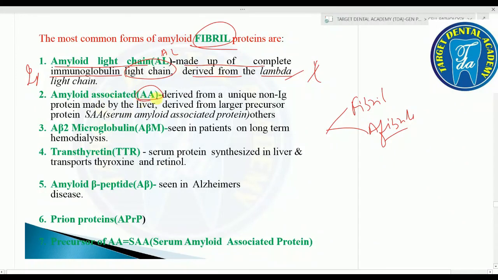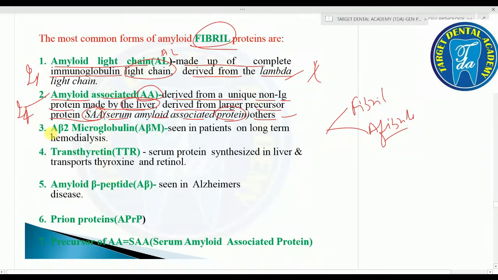Second is AA, which means amyloid associated. It is derived from a unique non-immunoglobulin protein which is made by the liver. It is derived from a larger precursor protein SAA, which means serum amyloid associated protein, and others. Important.